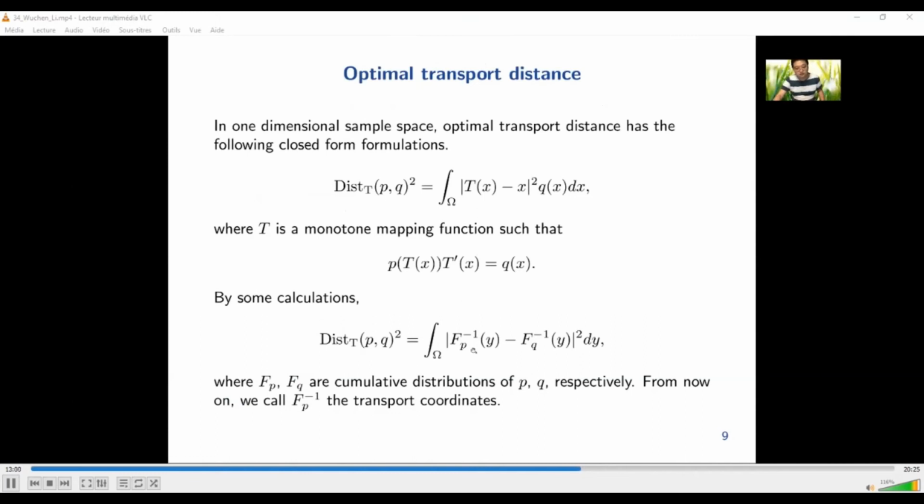Essentially it's the integral of (F_p inverse(y) minus F_q inverse(y)) squared dy. Here F_p and F_q are the cumulative distributions of p and q respectively. So in one word, in one-dimensional space, things are so simple. You can solve the mapping, and they are flat in the sense of the inverse of the cumulative functions.